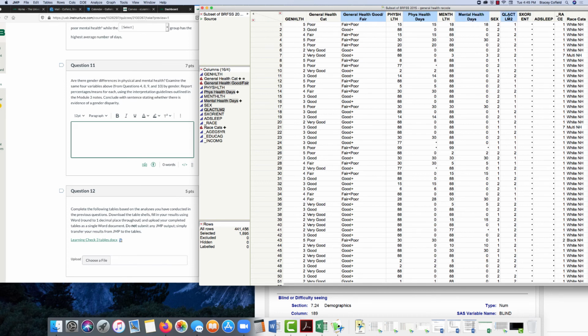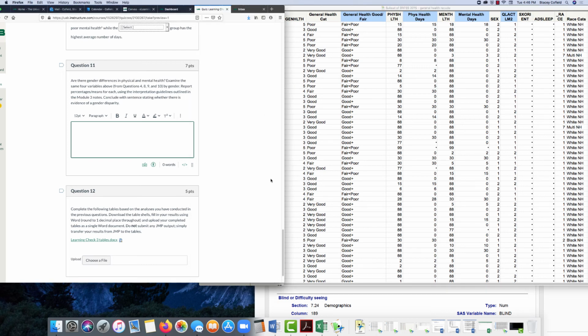I haven't recoded the quality, but you want to do an analyze distribution on all of those by sex and make some assessments. Are males having more poor health days? Are they having more physical health days? Are they having more mental health days? Are they having lower quality of life days? And answer that question. Just make some judgments. We're not statistically testing yet. You're just making some judgments.